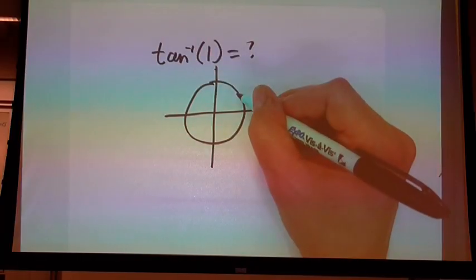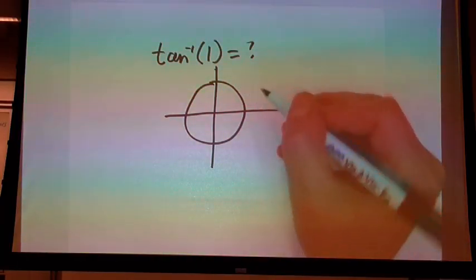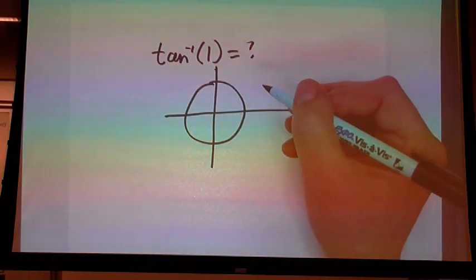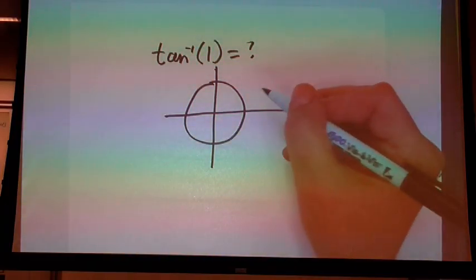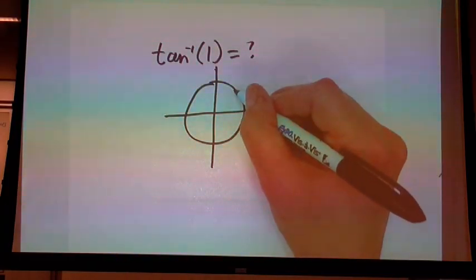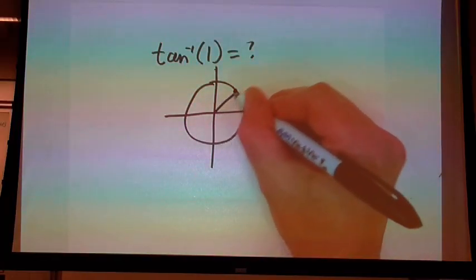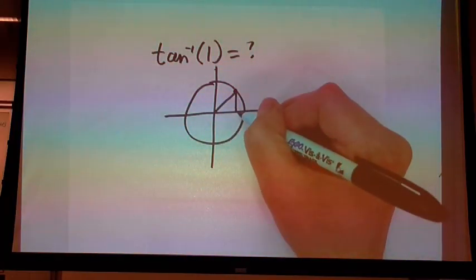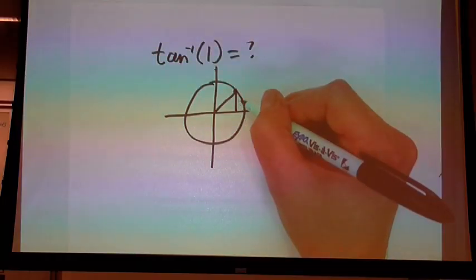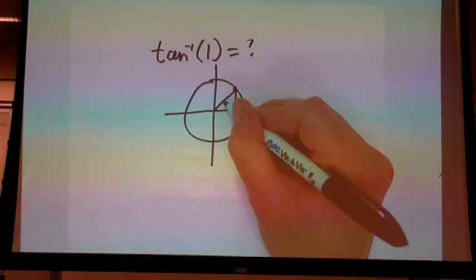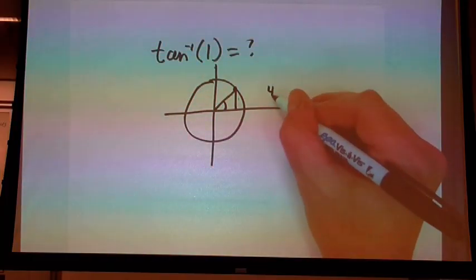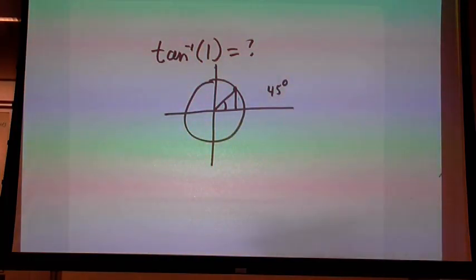For the tangent to be 1, the sine over the cosine has to be 1, which means the sine and the cosine are equal. So where does that occur? Well, it occurs at 45 degrees. Again, this is our isosceles right triangle. So 45 degrees is one place.